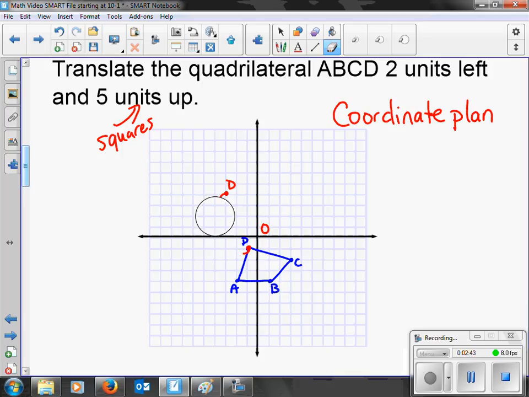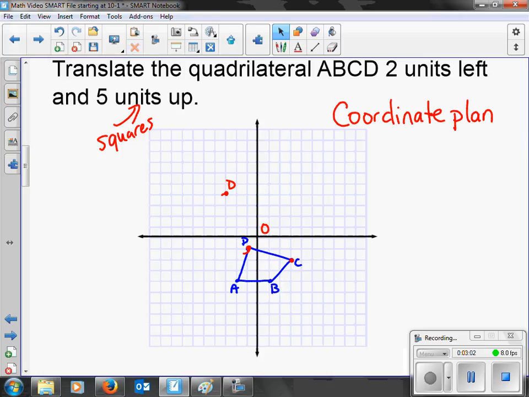So I'm going to erase this so I don't have a ton of crazy lines. Okay, I start by just moving one point at a time. So C, I have the point C here.